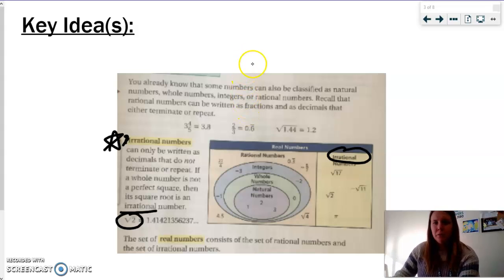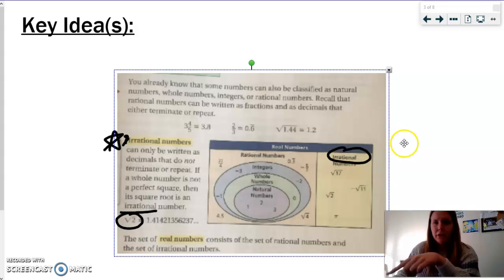They break it down into two parts: rational and irrational. Within the rational, there are different categories, like integers, whole numbers, natural numbers. Sometimes our numbers can fit into multiple parts of this category on this side. On this side, it's just irrational. If it's irrational, it's irrational.